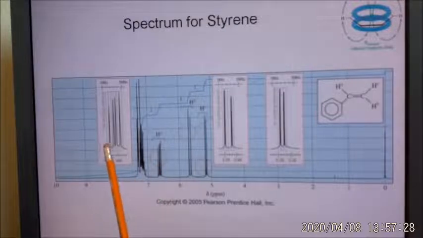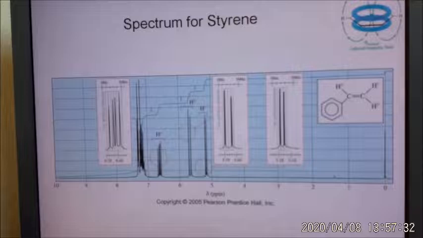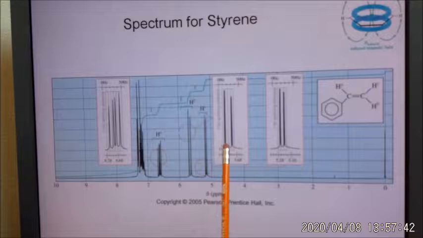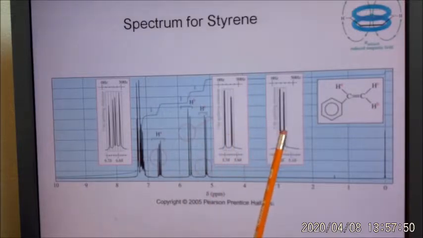If you expand it, look at that. That's going to be A. It's cis and it's trans. Here, for B, you can see these two small ones because it's geminal, and you can see the large distance apart. That's because it's trans. C, two small ones because it's geminal, and the distance between these two is smaller because it's cis.